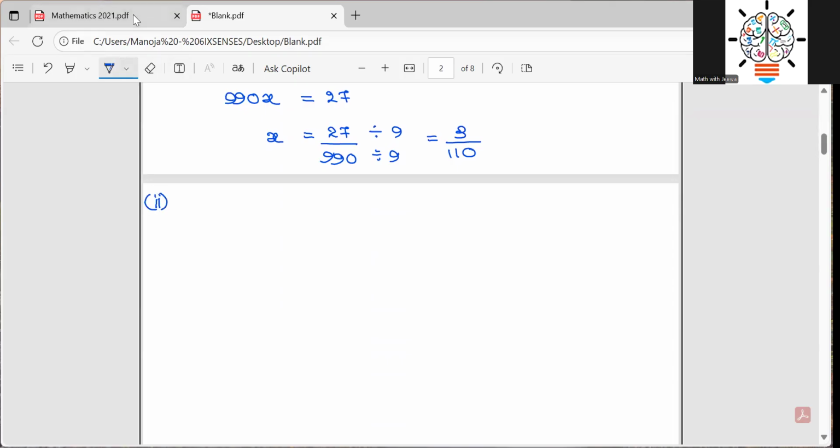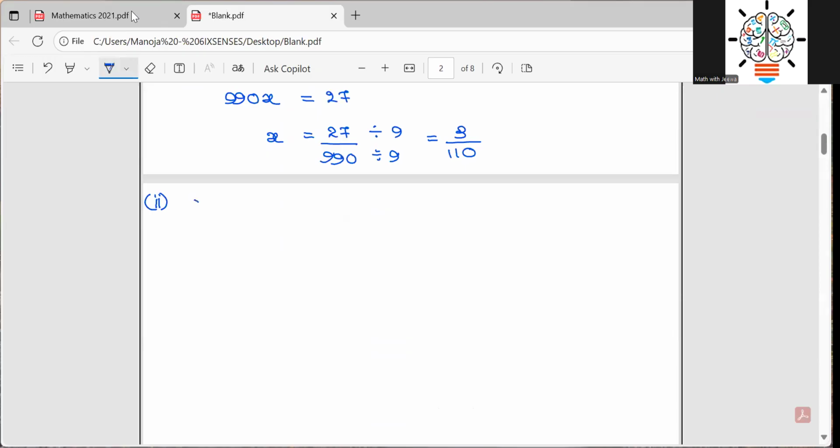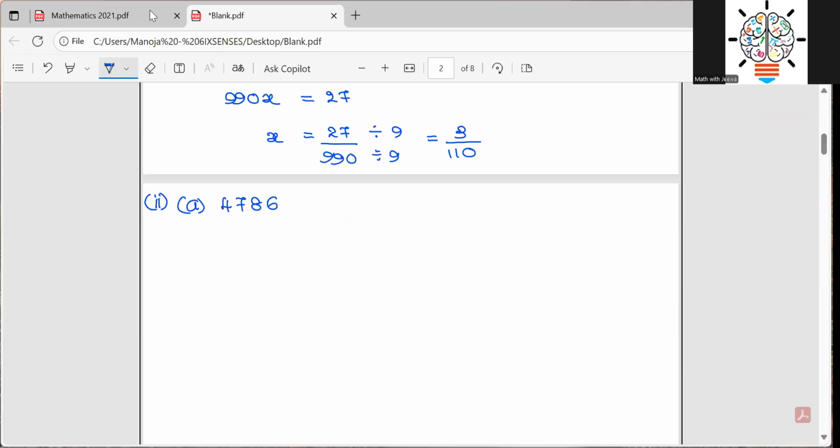Then we want to go to Roman number 2. Roman number 2, you want to correct to 3 significant figures. So we will take the first one, 4,786. Is it? 4,786. Yes. So then what we do, we underline the third significant figure. This is the third significant figure.